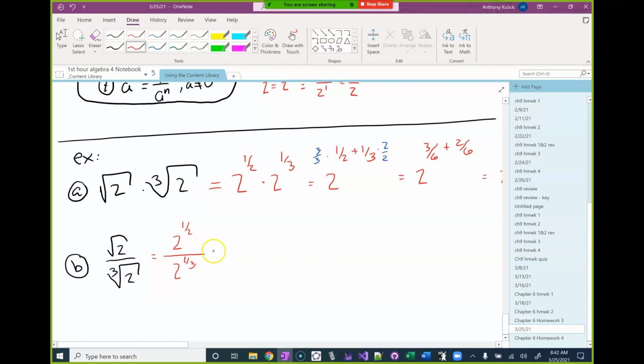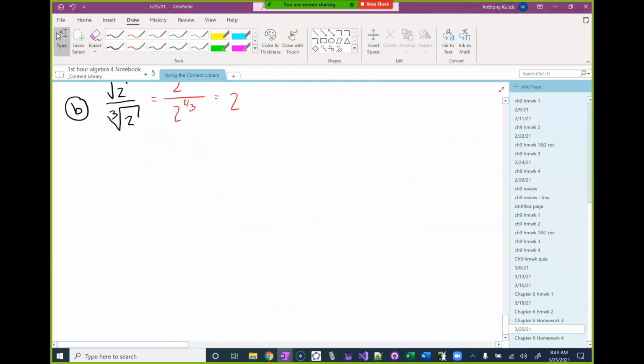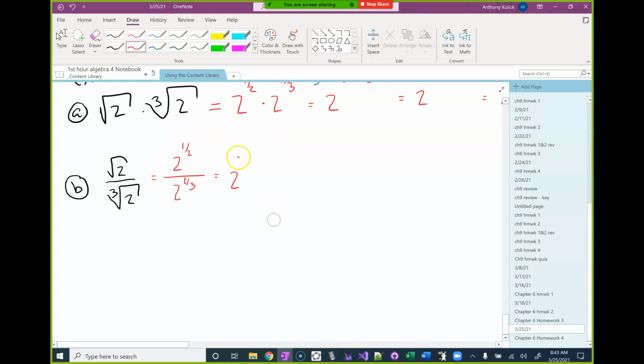So I have 2 to the 1/2 minus 1/3. Again, to subtract two fractions, we need to make a common denominator. Just like the previous problem, this common denominator would be 6. So I'll multiply the first fraction by 3 over 3, and the second one by 2 over 2. That gives me 2 to the 3/6 minus 2/6.